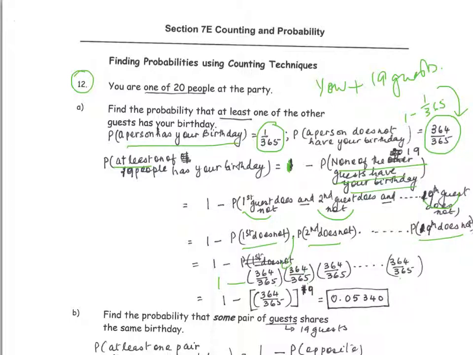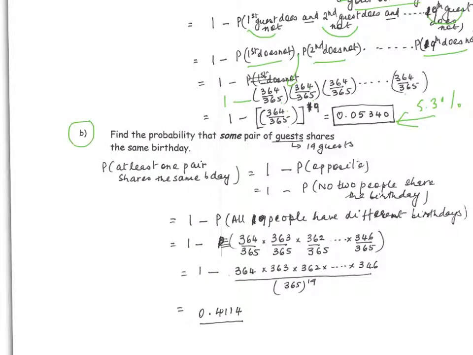And there are 19 people, so it's 1 minus 364 over 365 to the 19th power, which is equal to about 5.3%. So there's a small chance that at least one of the 19 other guests will have the same birthday as yours.